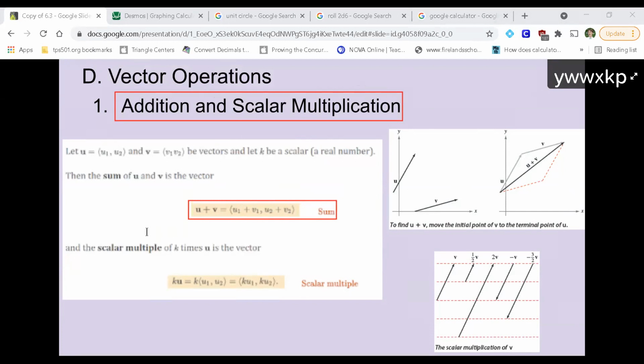Let me retype this since it came out kind of small. You just add the change in x's together and you add the change in y's together.